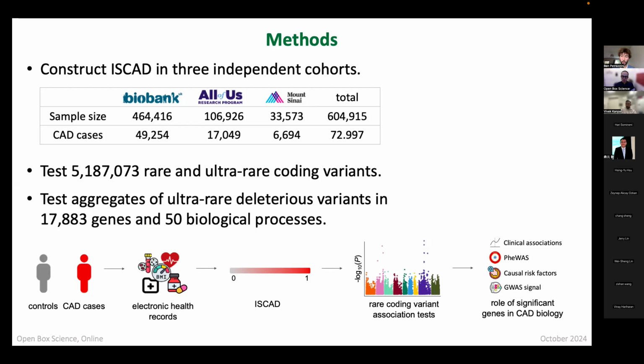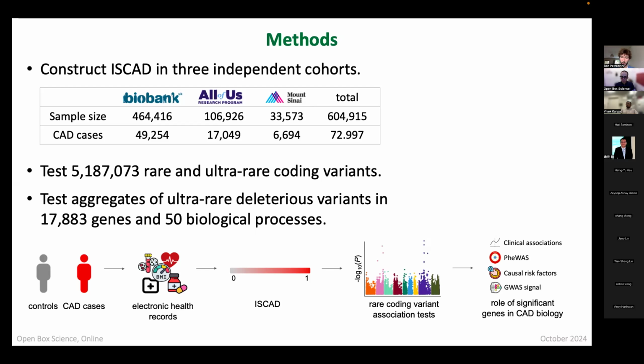And so it was very important to characterize and understand the role of these genes in disease biology, to ensure that our associations are not artifacts of the score and possibly non-specific to CAD, as the score is trained on all of the EHR, but rather genes that are specific to CAD biology. And so we assessed the role of these genes in CAD from different angles.